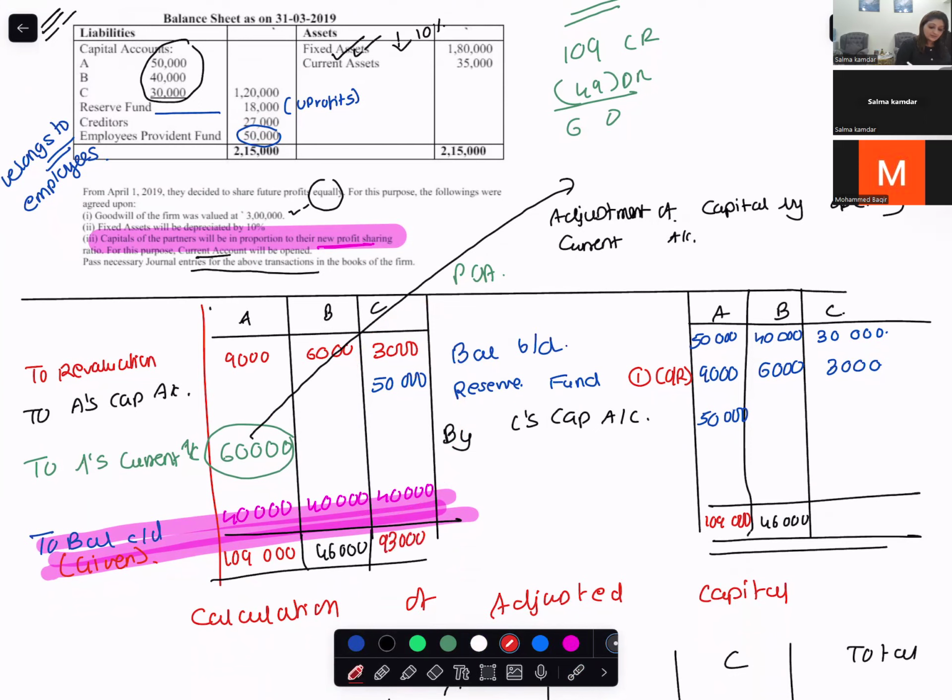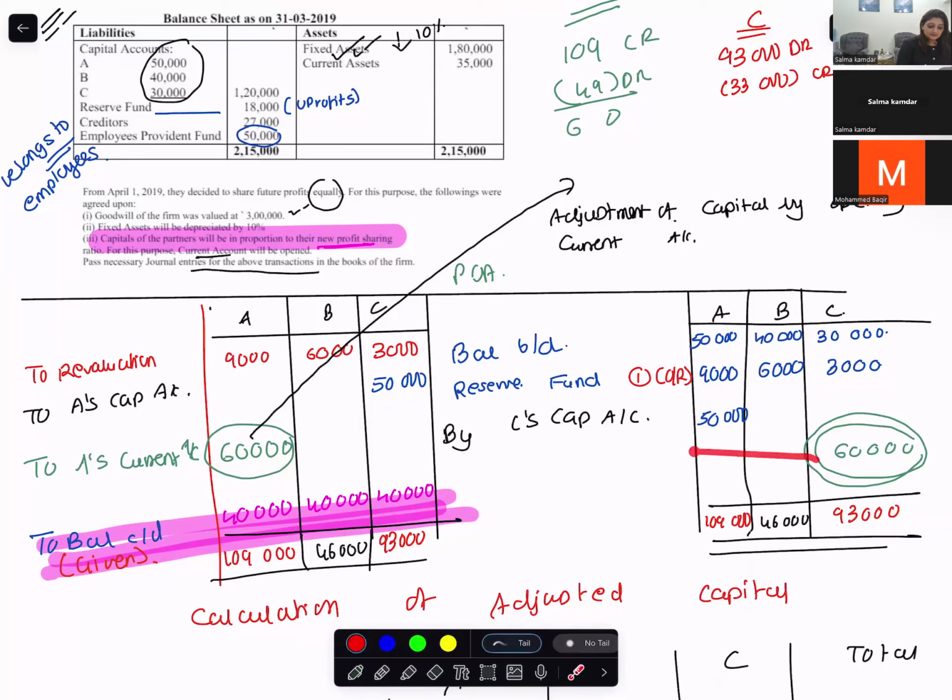So I will write 93,000 on both the sides. 93,000 is on the debit side, more, so I'll write it on both the sides. Minus 33,000 on the credit side. 93,000 minus 33,000 is 60,000. This is the balancing figure.